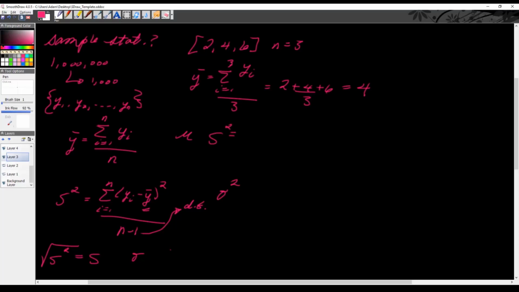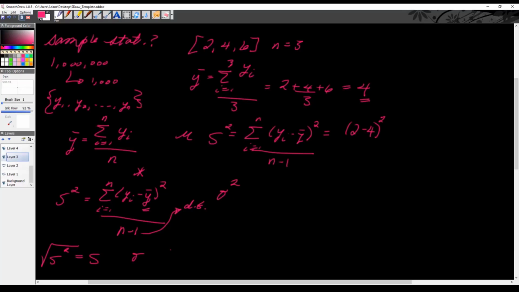What about the variance? The variance is the sum of the squared deviations divided by n minus 1. I'll do this just maybe once or twice, but I'm not going to spend a lot of time on this sort of math. We can solve for these things very easily by hand. I know that this is way too fundamental, but we've got the sum from i equals 1 to n of (y sub i minus y bar) squared, all divided by n minus 1. The average is 4, so y bar is 4, and y sub 1 is 2.